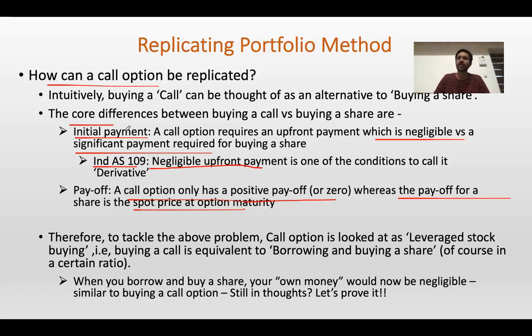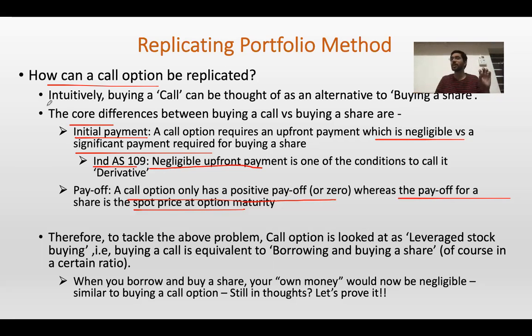Okay. So intuitively, although you can think that buying a call is similar to buying a share, there are actual differences, and those differences are in terms of cash flows, right? In terms of cash flows, buying a call and buying a share are not exactly the same, because buying a share requires a heavy cash outflow today, and it also involves a heavy cash inflow at maturity.